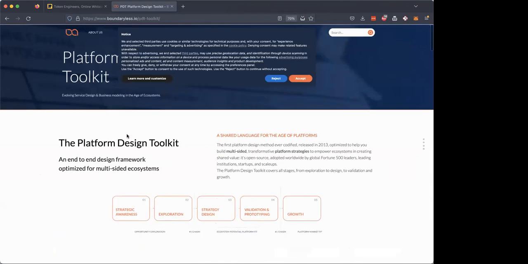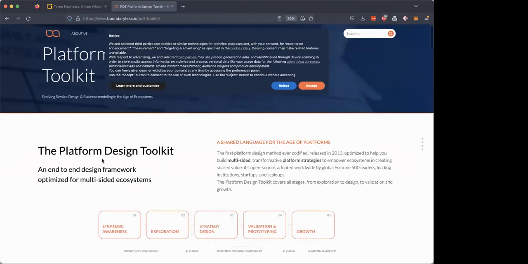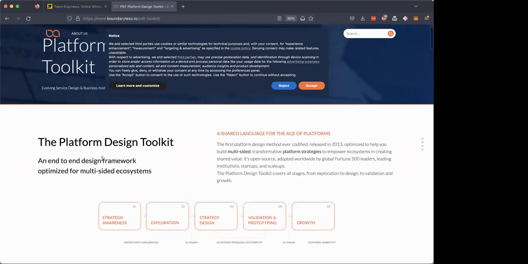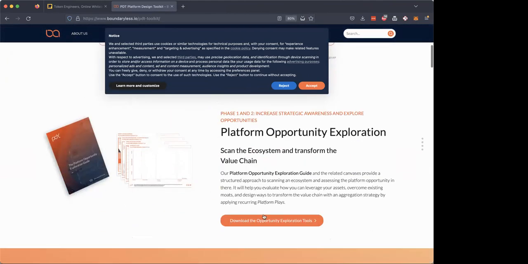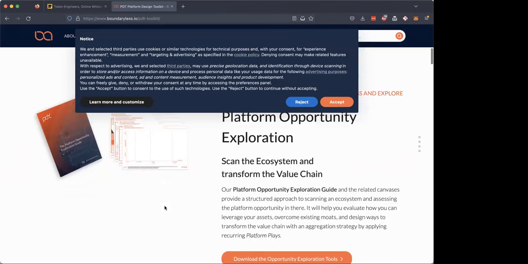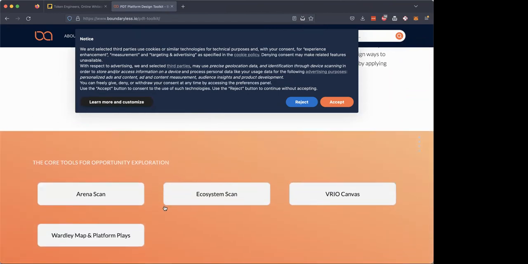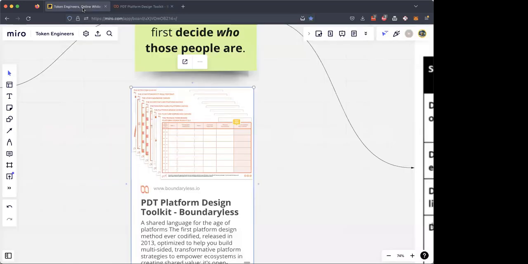The platform design toolkit is an end-to-end design framework optimized for multi-sided ecosystems. Basically it's tools like these that you can use to understand your ecosystem, whatever you're building. It allows you to understand who your stakeholders are, what your ecosystem is, and just answer questions about your ecosystem.